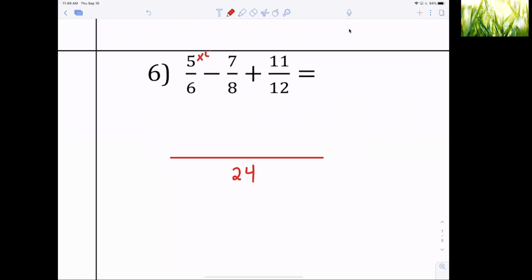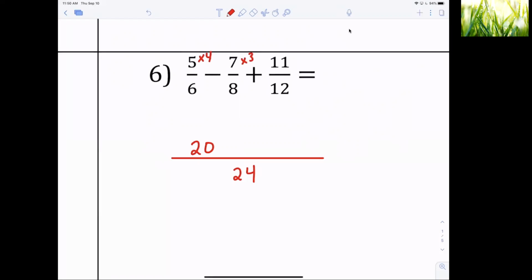Okay. So what am I going to get? 20. What am I multiplying the second one by? 3. That's right. So now it's going to be minus 21. You okay with that? Yes. Right.